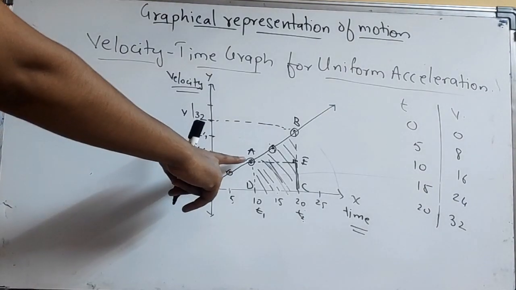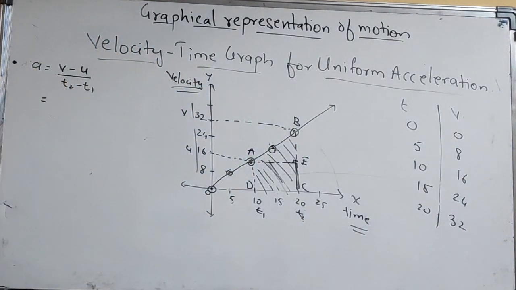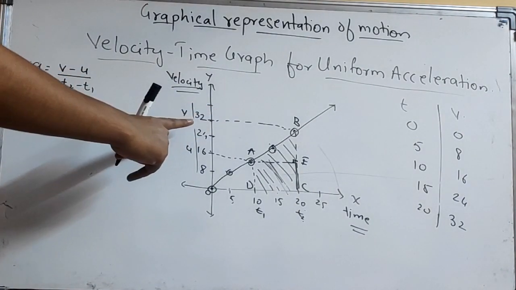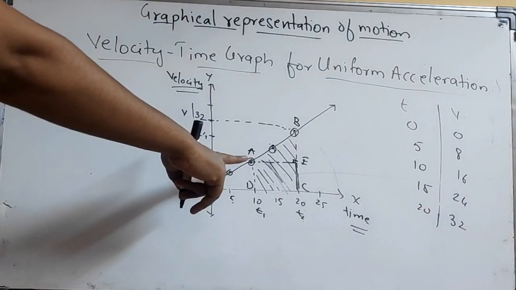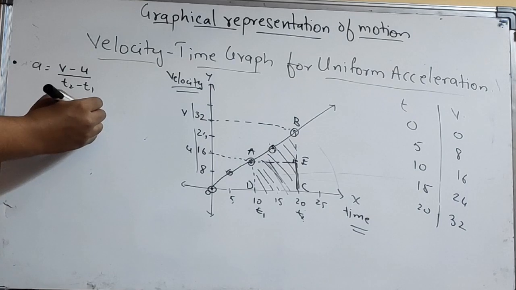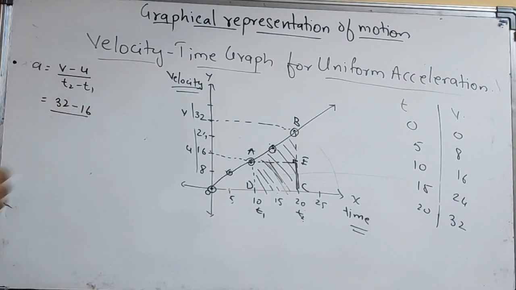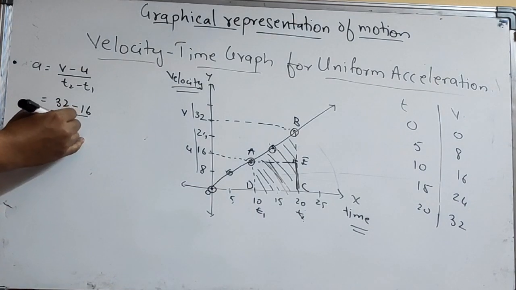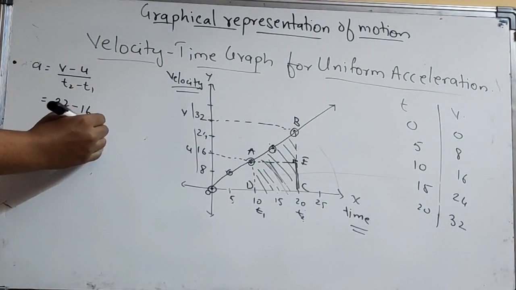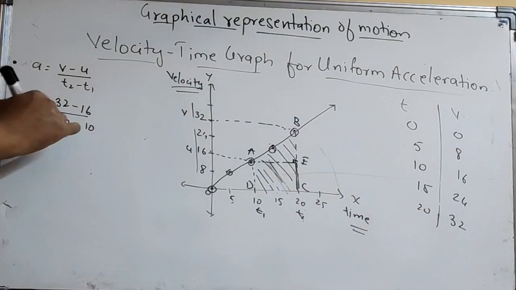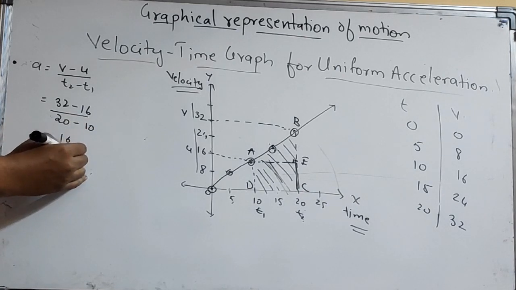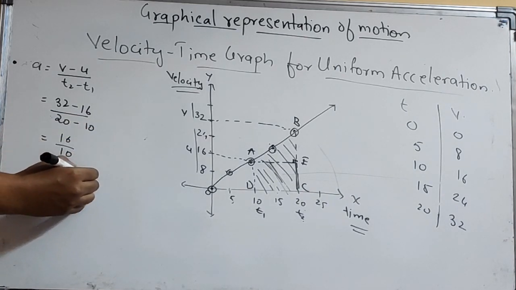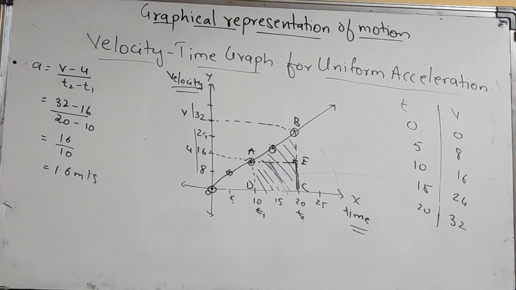So acceleration is V minus U upon T2 minus T1. V is 32 minus the velocity at A, which is 16, upon 20 minus 10. That is 16 upon 10, which equals 1.6 meters per second squared. So acceleration is 1.6 meters per second squared.